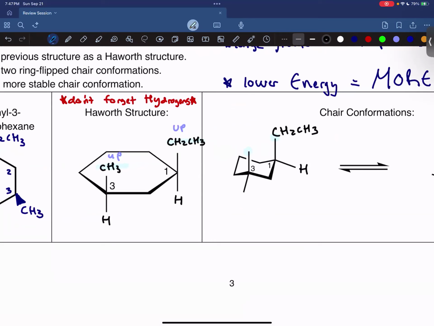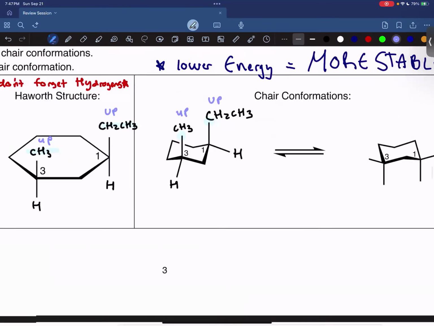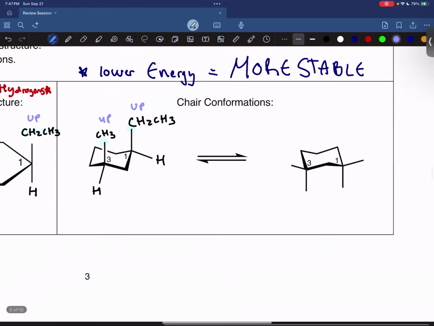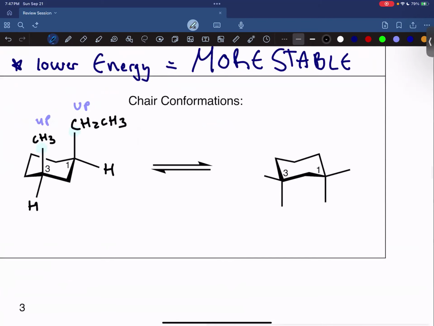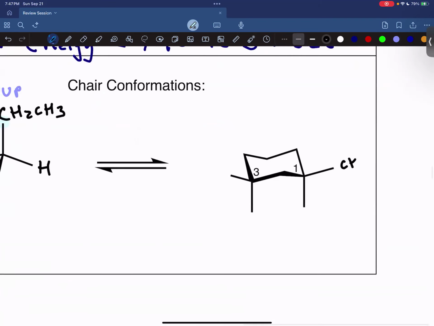And then our hydrogens, and then our methyl group, and our other hydrogens. And again, do not forget up and up. And so now when we have our magical chair flip, it's going to stay up. What starts up is going to stay up, but now it's just going to go from axial to equatorial. That's literally the only thing changing.